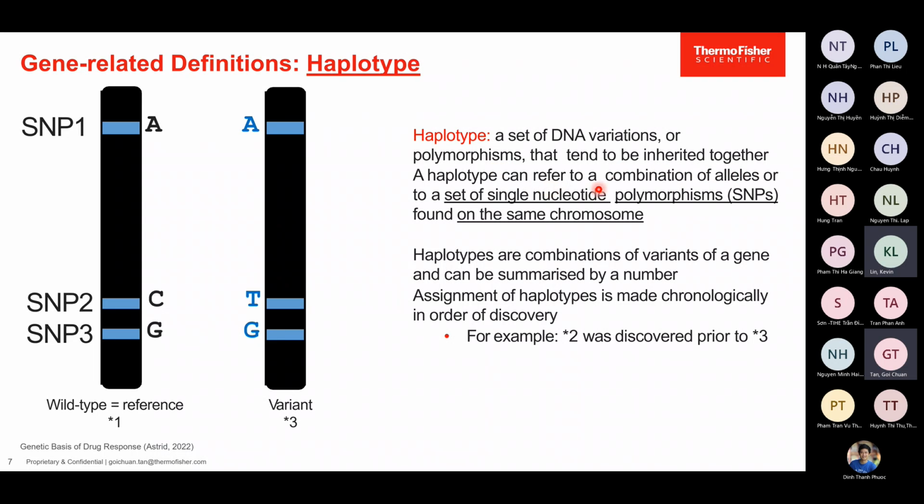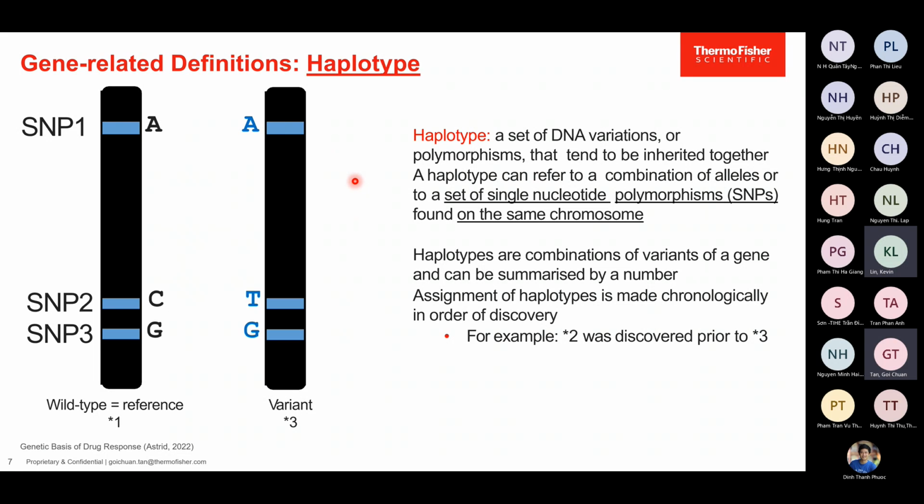It refers to the combination of alleles of a set of single nucleotide polymorphisms found on the same chromosome. So the keyword here is same chromosome. You inherited this from your father, and you inherited this from your mother. So haplotype means this combination from your father and this combination from the mother. Okay, so that is haplotype, one set.